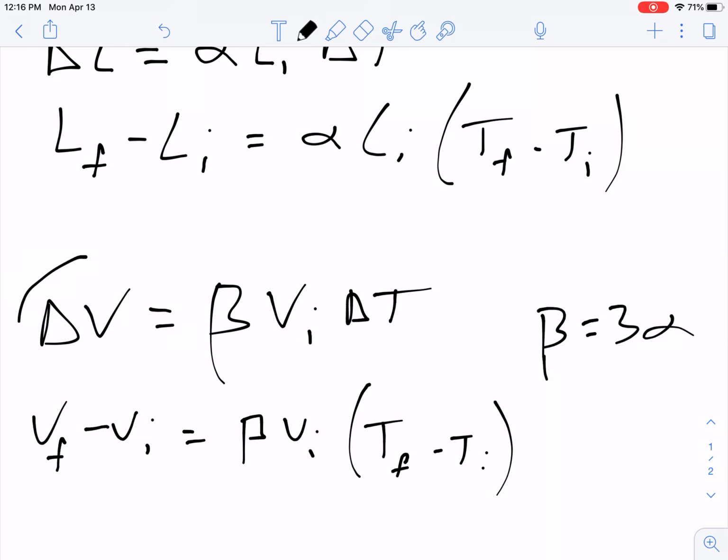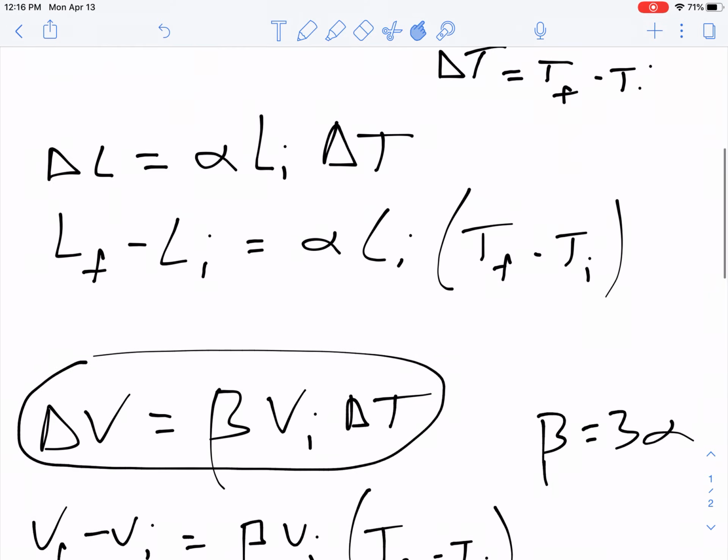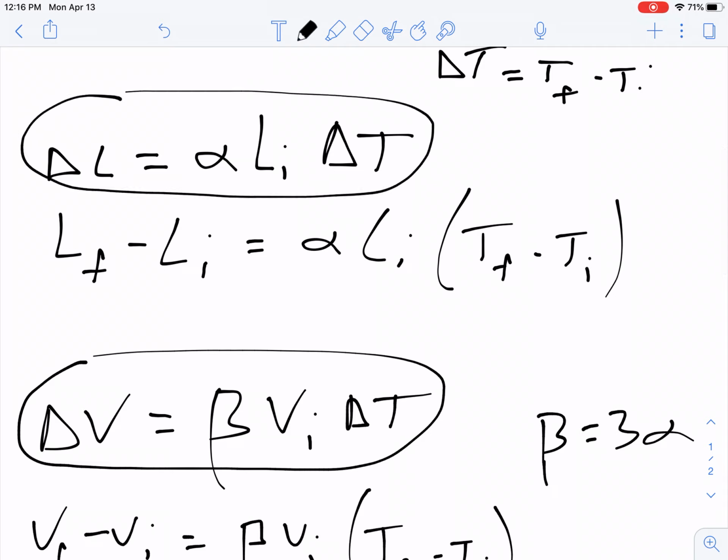But the simplest form of the equation is just this form, and the simplest form of the other equation is this one. Those are the two simplest forms. But the other ones, if you can't see the algebra. Okay? So, coefficients of linear and volume expansion and how they relate to the actual change in length or volume of some material when that material's temperature has been changed.